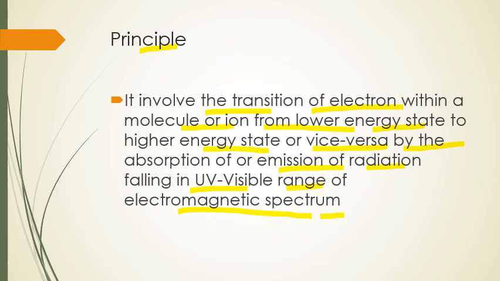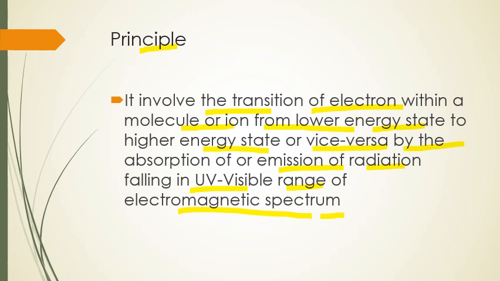So when we interact UV visible range of radiation with the sample, the transition of an electron takes place from low energy level to high energy level.